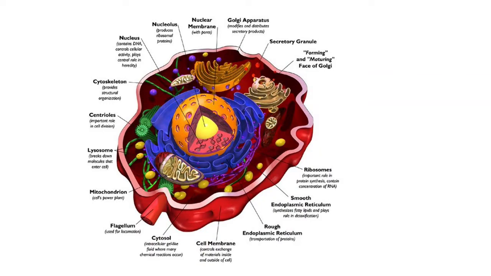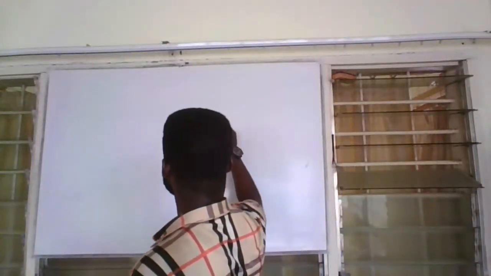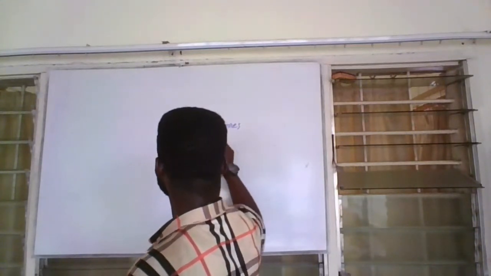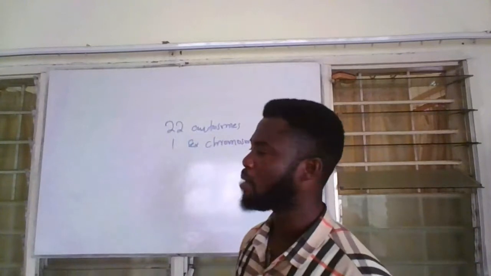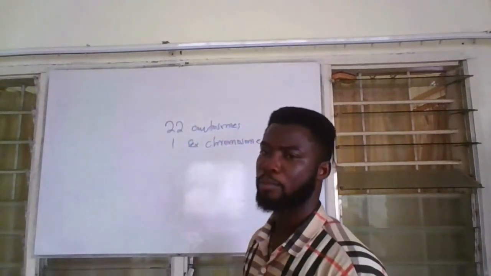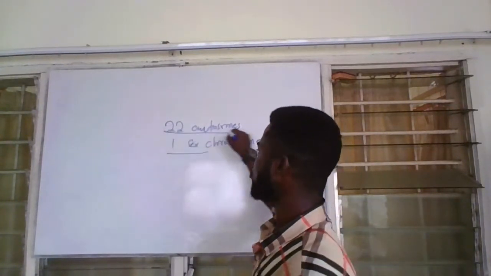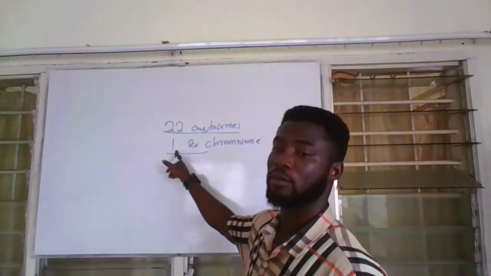Out of the 23 pairs, 22 are termed autosomes and one is the sex chromosome pair, meaning that the determinant of every individual, whether male or female, is just a pair. So the 22 autosomes are heredity traits, and we have only one pair of sex chromosomes.